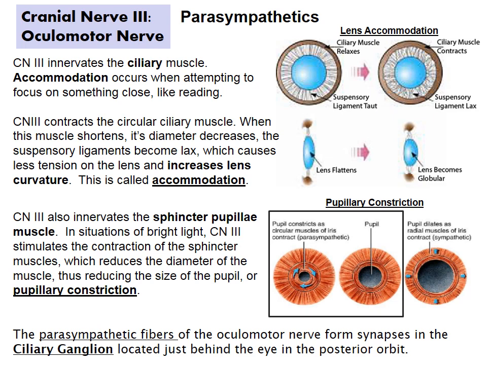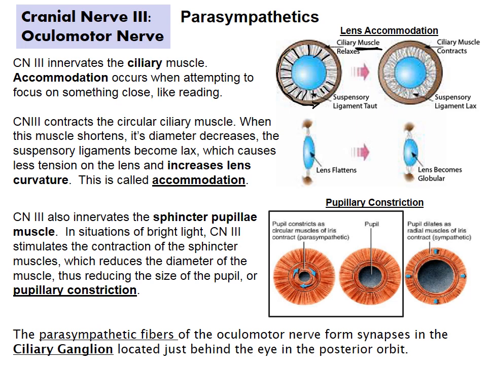So with accommodation, here we see a picture of the ciliary muscle, and it's a circular muscle going all the way around the eye. Note that there are suspensory ligaments attached to this muscle on the outer edge of those suspensory ligaments, and on the inside it's supporting the lens shown here in blue.